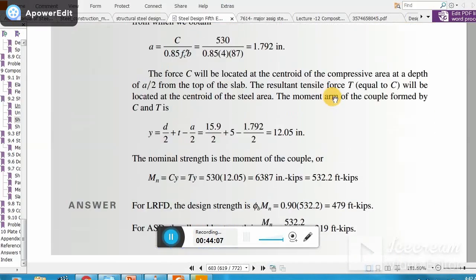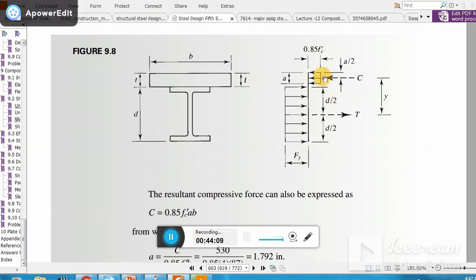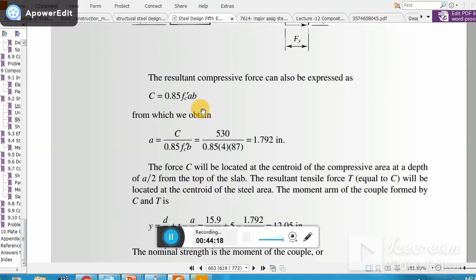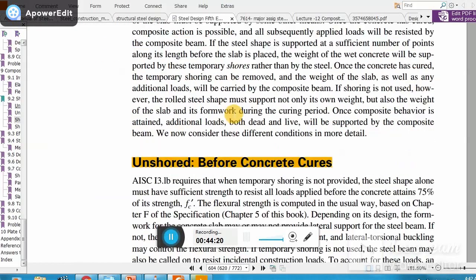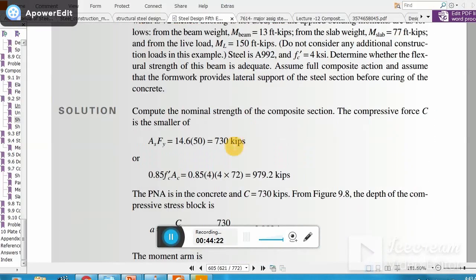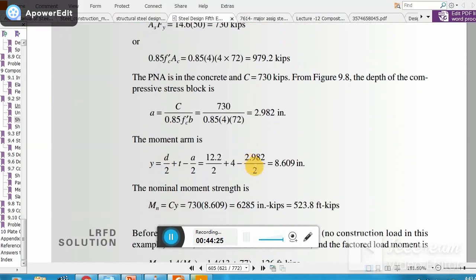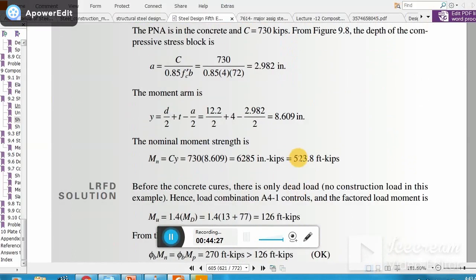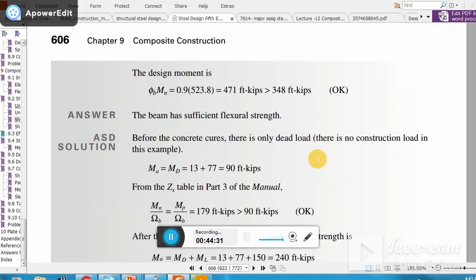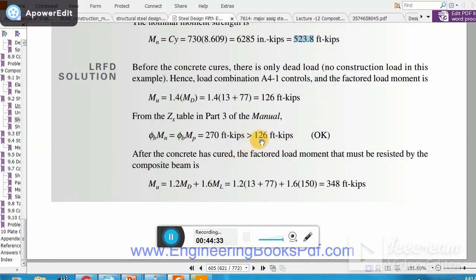You see in this picture as well, both your concrete and your steel are contributing, and that makes the total strength of that section. So in that case we have a strength which we already calculated, and that strength is basically 523. So 523, you can say 524, is more than the loading, that is 348.